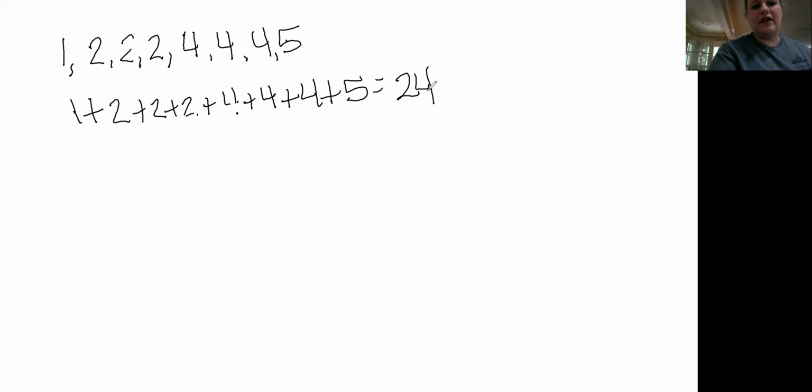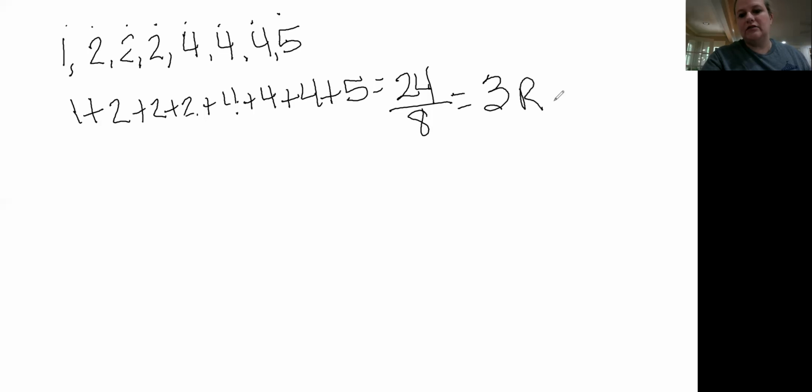And we're going to divide that by 1, 2, 3, 4, 5, 6, 7, 8, because we added up 8 numbers. 24 divided by 8 is 3. So your average is 3 raisins per scoop.